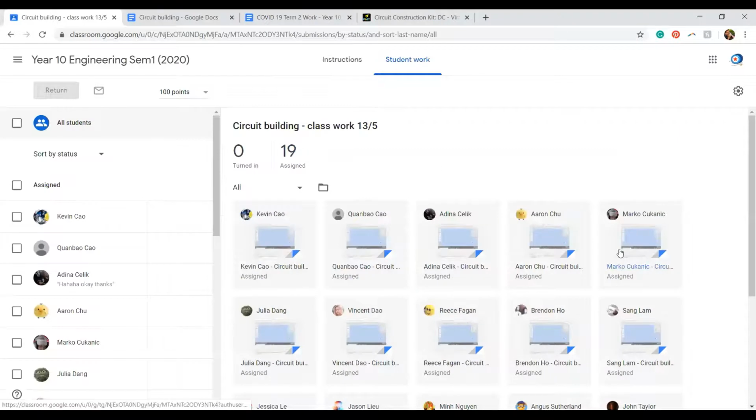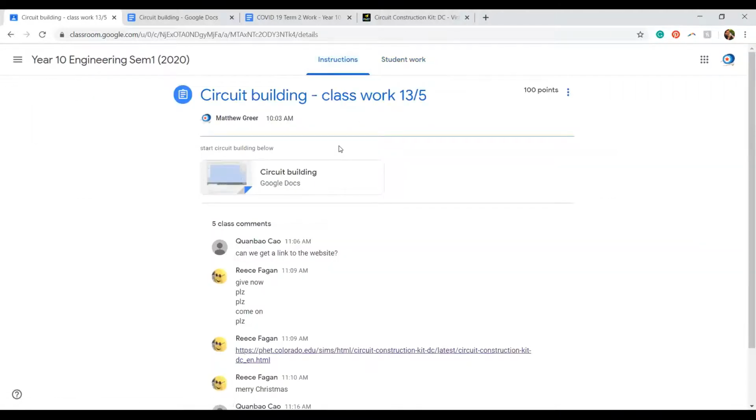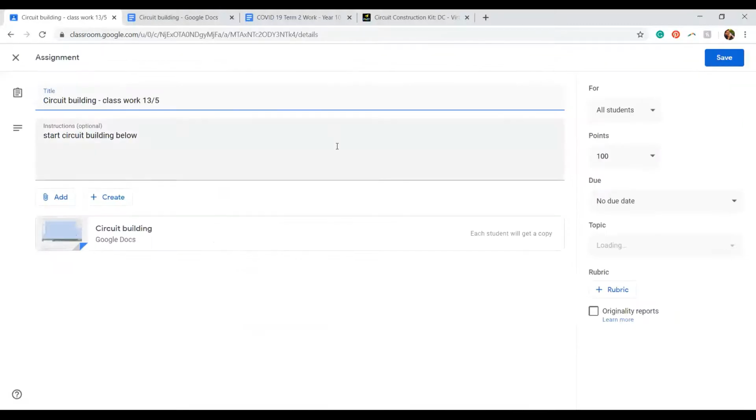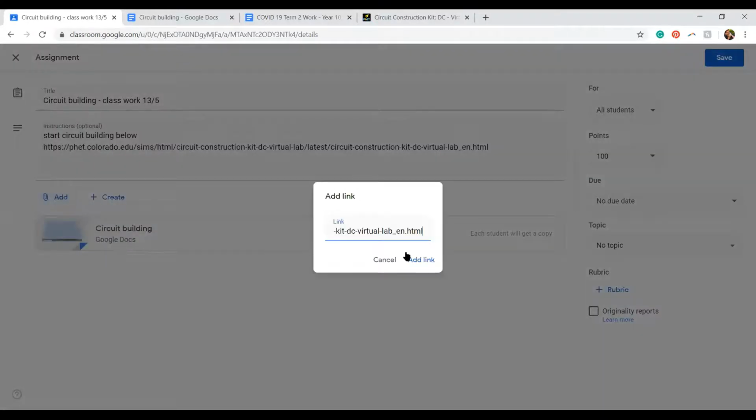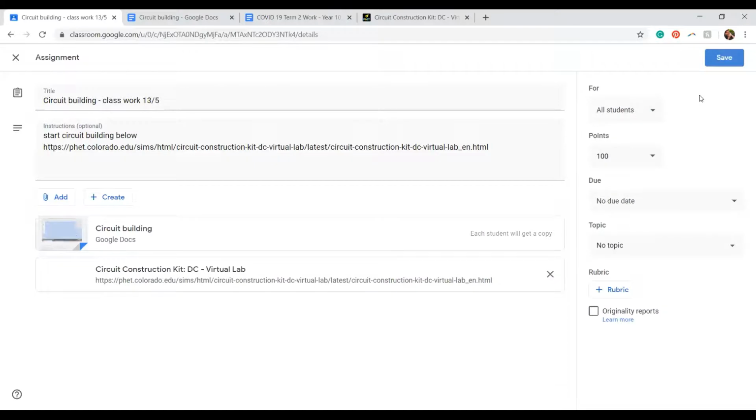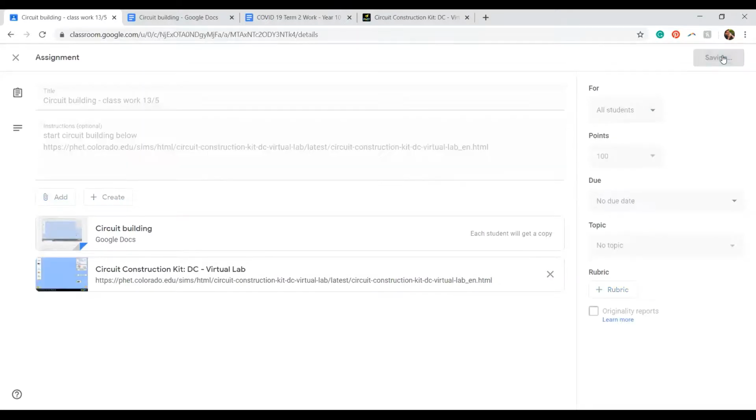I think Reese pointed it out. Reese was like, "We have the link," and I'm like, "What do you mean? Cool, got the link." Where can I put it? I'm going to put it in the description. Here is the link. You know what? I'm going to add a link as well. Look at that, I'm just going to make it so easy for you guys to get to this link.